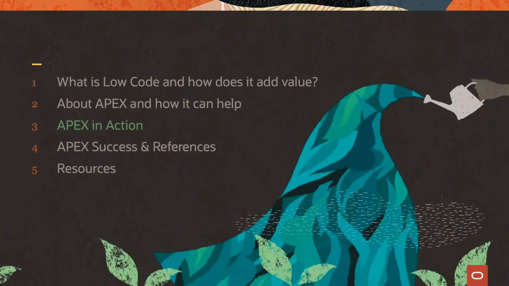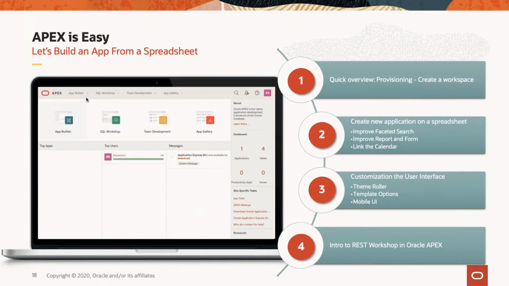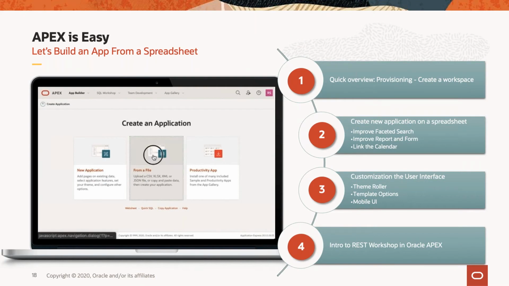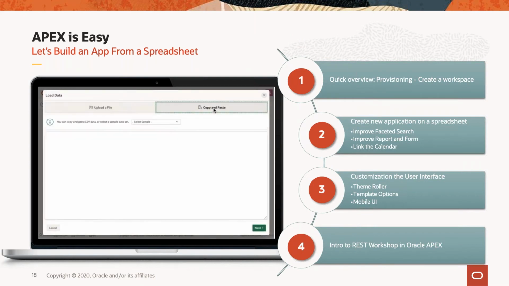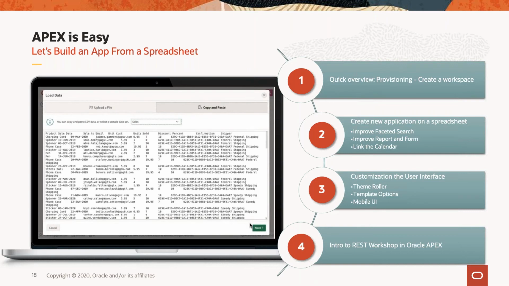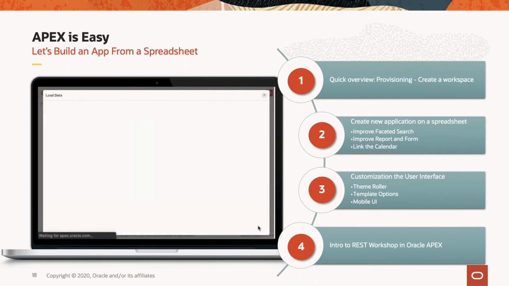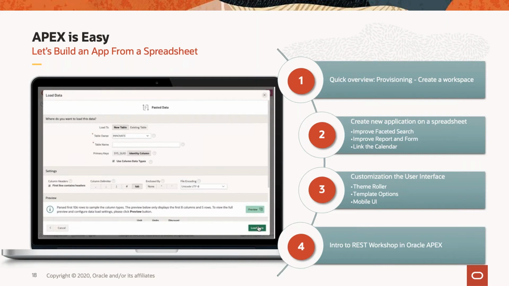Now we've learned a bit about Apex and our low-code tool. Now let's show you a demo on how we can start building applications in Apex. First of all, as an overview, I'm going to show you a quick overview of provisioning and creating a workspace.